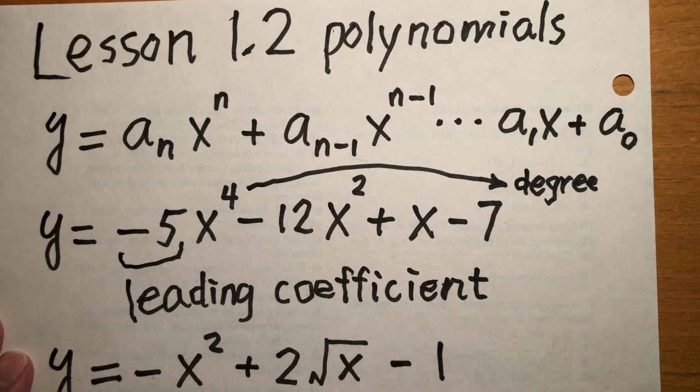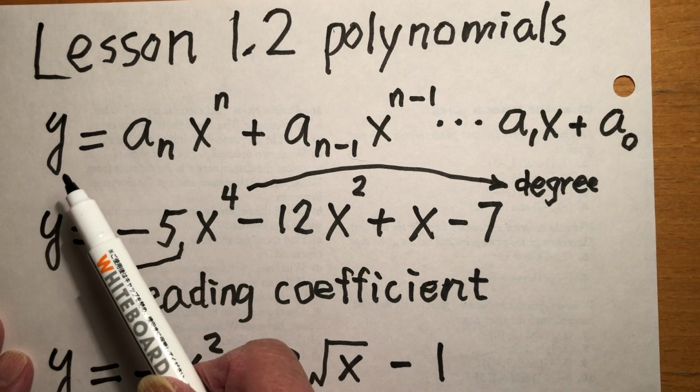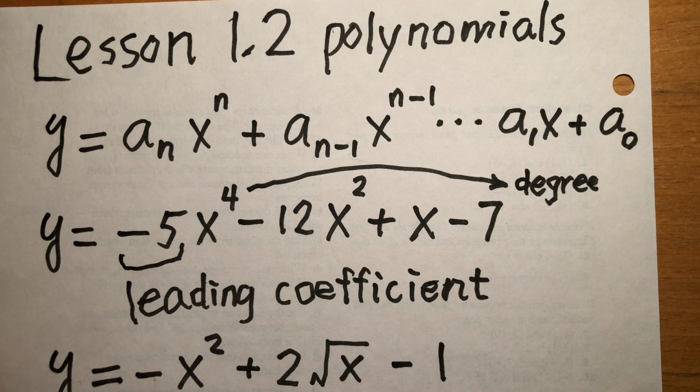This means I can have the so-called table of values. Once I have a table of values, I can draw a graph.